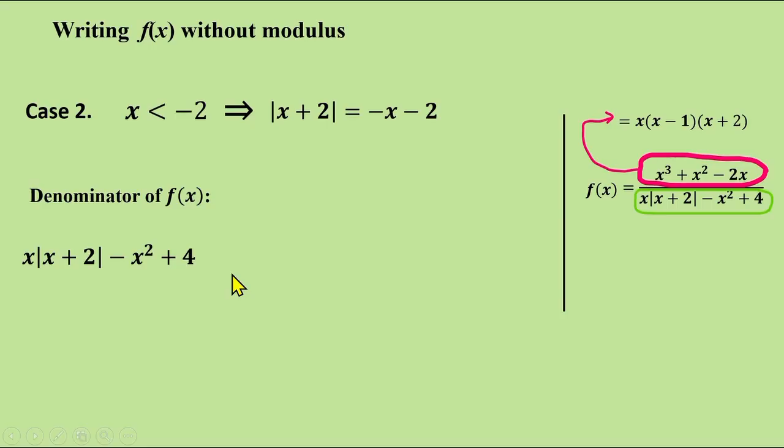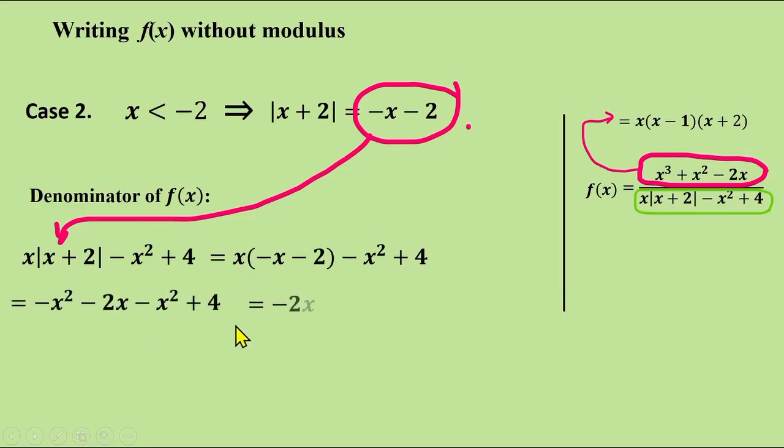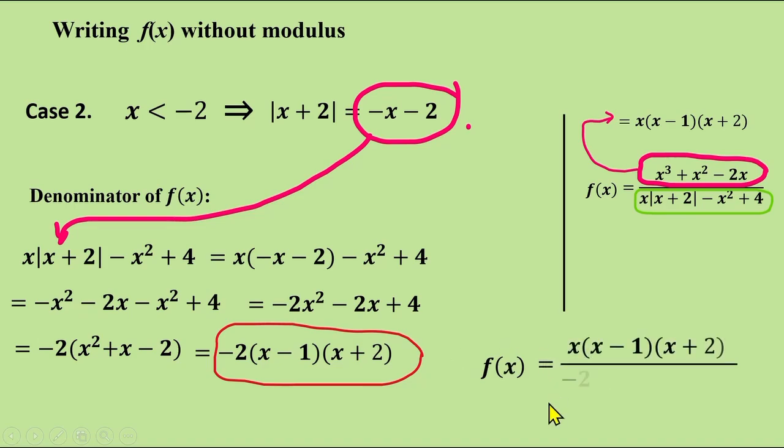So here we have x times this, distribute x, rewrite in this form, factor -2, and this is the same polynomial which we had before, so we can write as a product of x minus 1 times x plus 2. This is denominator of our function.